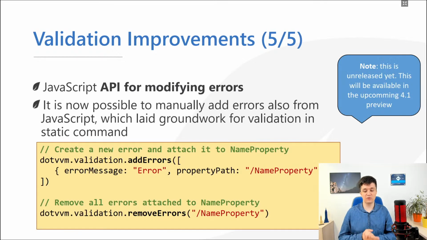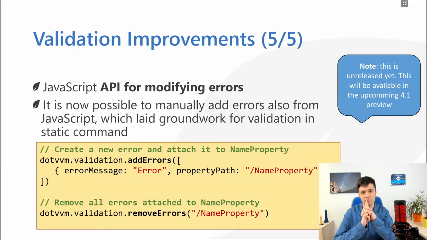And lastly, I would like to talk about one more addition that is not yet available, but will be available in DotVVM 4.1, and that is that we are adding a JavaScript API for modifying errors.